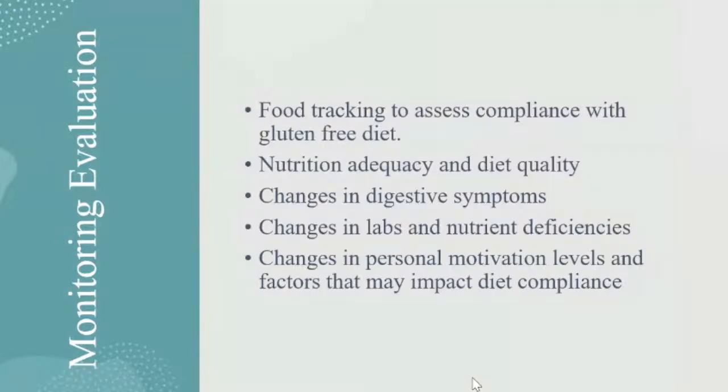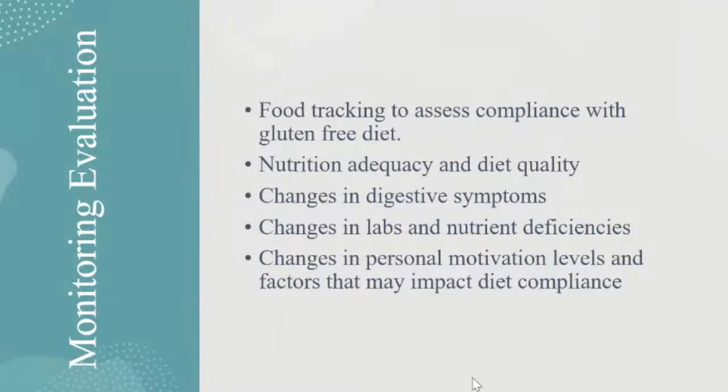Would there be any changes in the digestive symptoms the person spoke about? Or if there are labs, is there any change in the labs and the nutritional deficiencies the person was having because of the condition? As I said, some people with celiac disease will come with iron deficiency, folate deficiency, or B12 deficiency anemia.